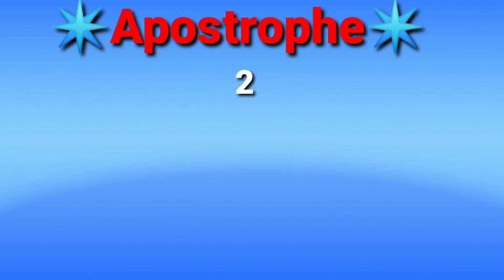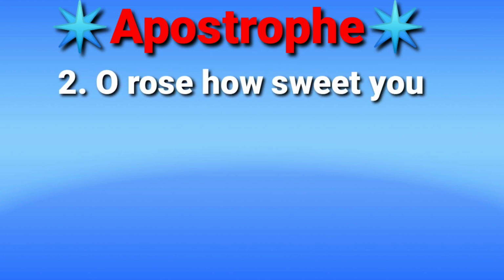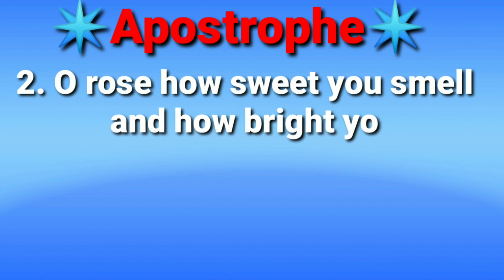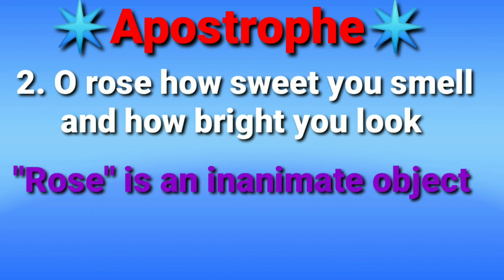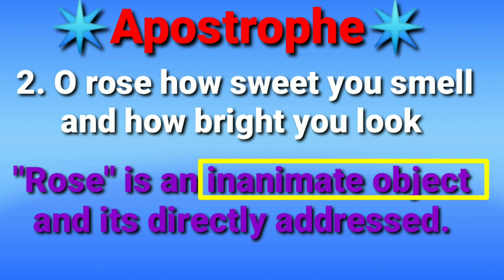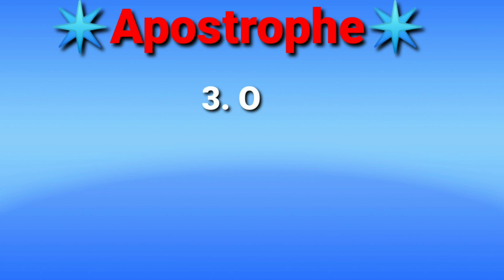Look at the second example. "Oh, Rose, how sweet you smell and how bright you look." In this sentence, Rose is an inanimate object, and again it is directly addressed. Now let's see the last example.